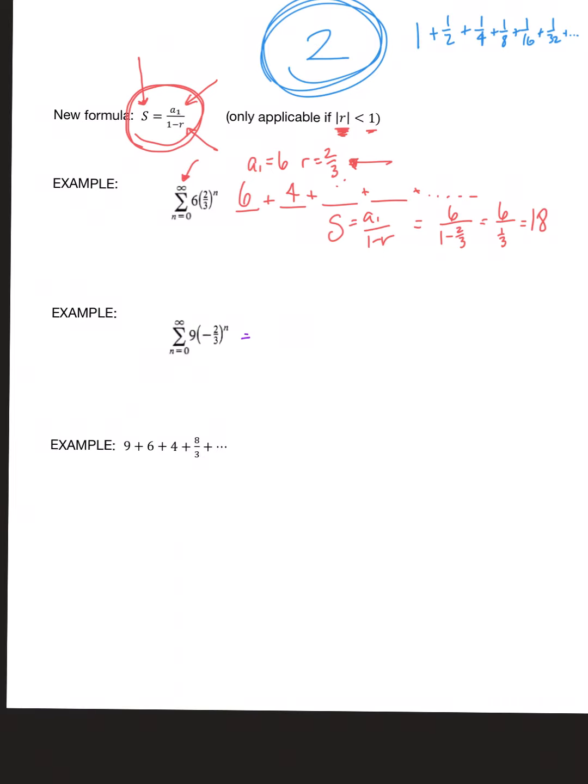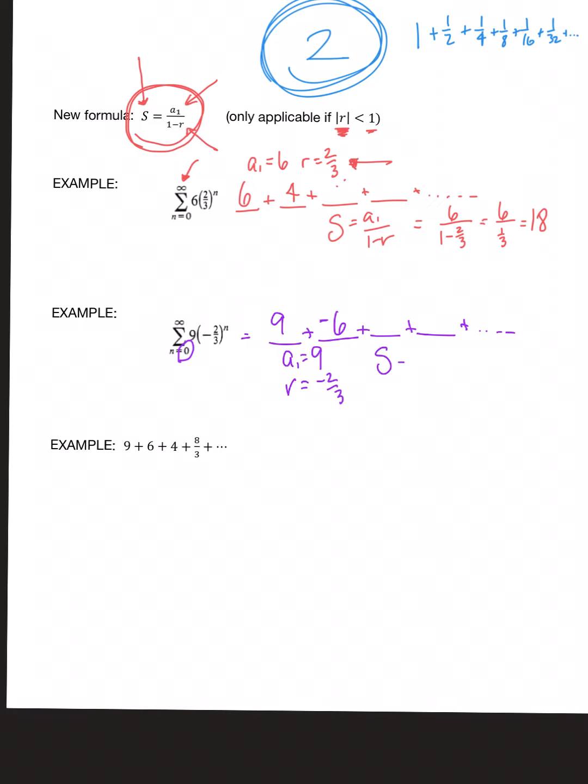Again, this is saying to keep expanding forever. If I plug in 0 to get my first term, I get 9. When I plug in 1, I get my second term, which is -6. And again, you can keep going and fill in as many as you want. But all I did this for is to figure out that my first term is 9 and that my ratio is -2/3.